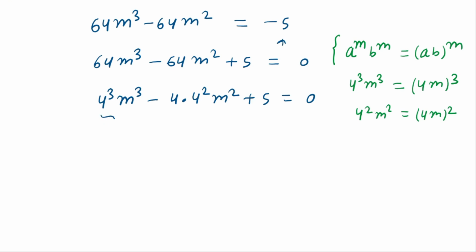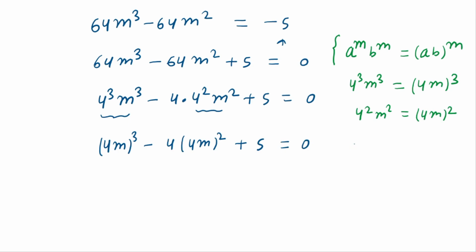Here this expression is (4m) bracket power 3 minus 4 times (4m) bracket power 2 plus 5, and this equals 0.